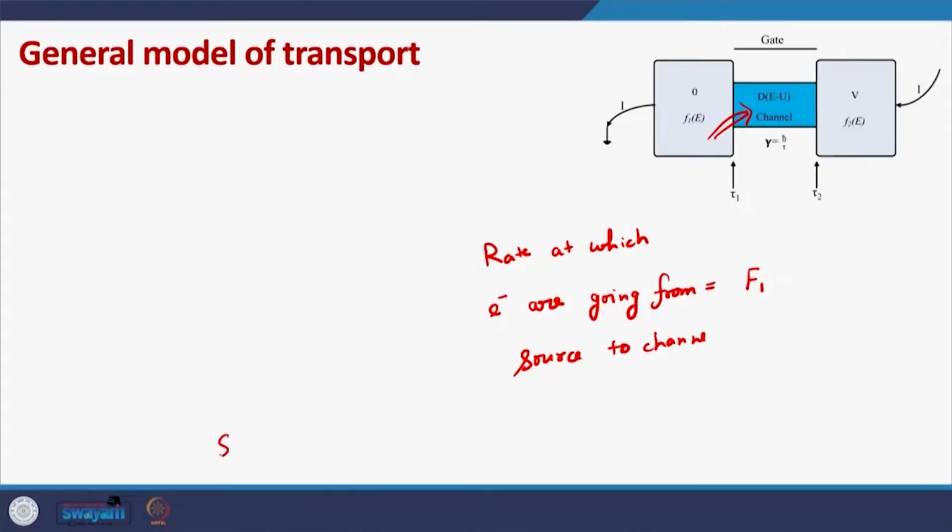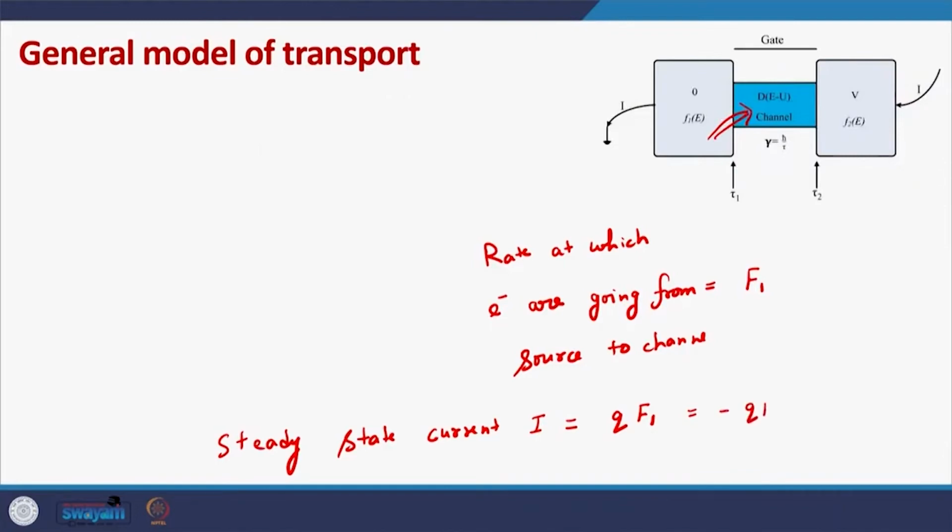So, the steady state current will be Q times F1, because F1 is the number of electrons per unit time getting from source across the channel, or minus Q F2.